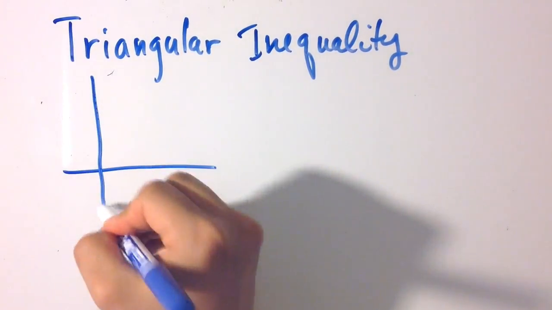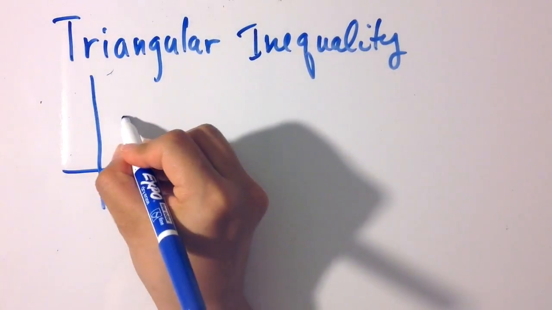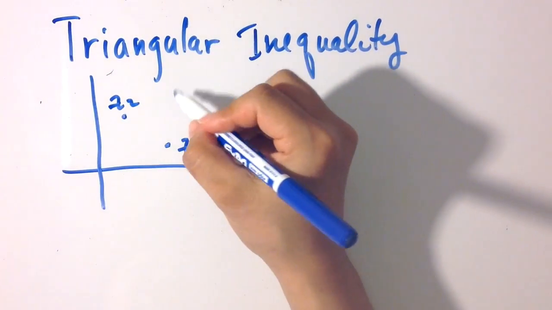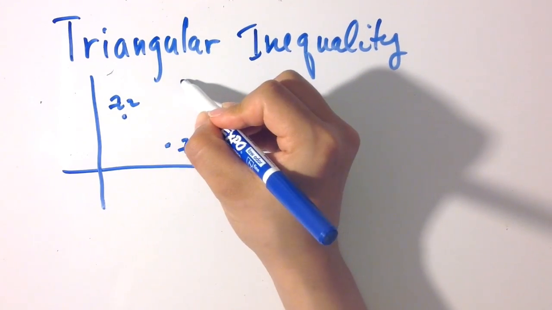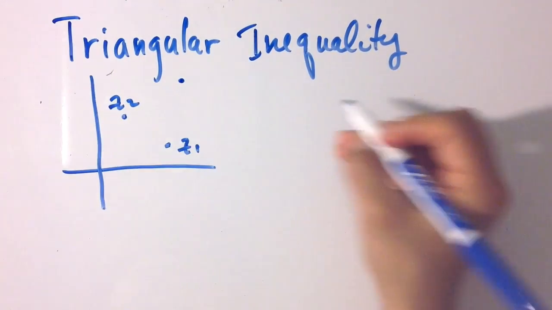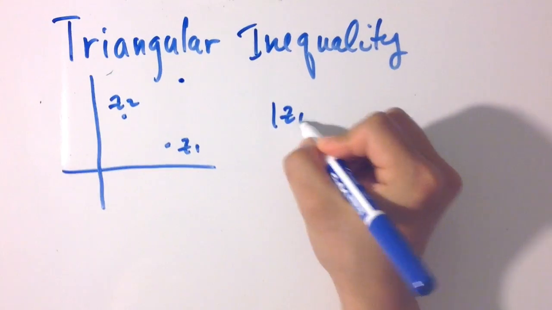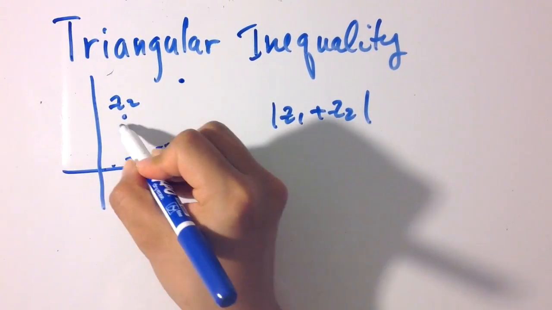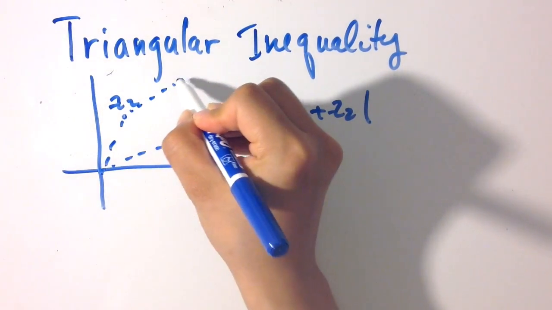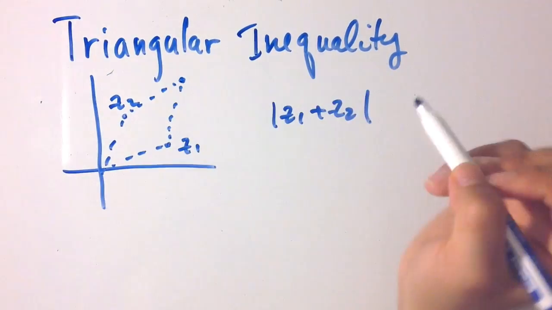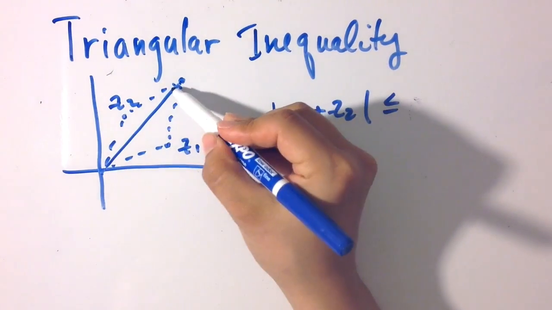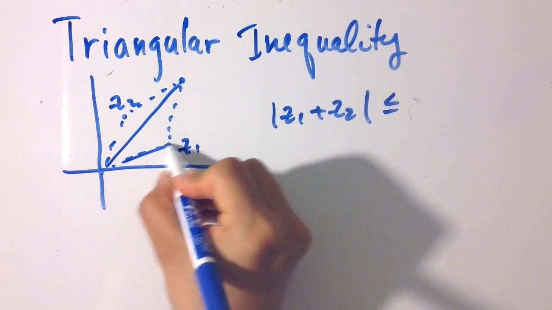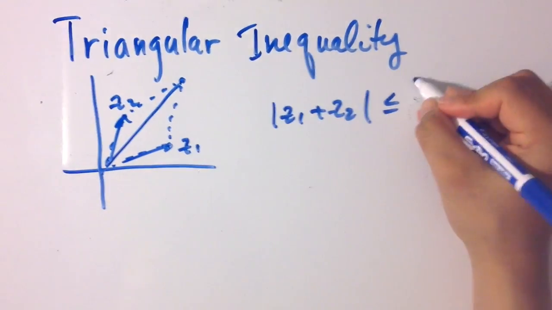All that the triangular inequality says is that the distance to the point given by the sum of z1 and z2, which would be at this point, is less than the sum of the distances to z1 and z2.